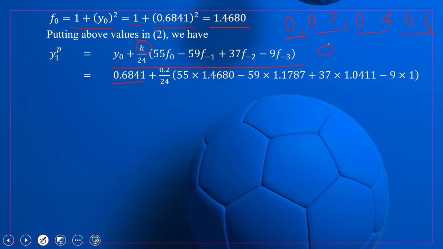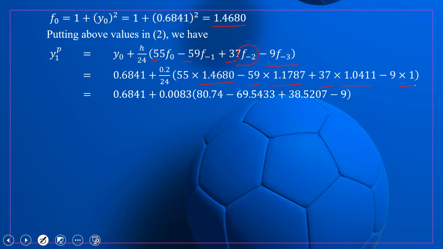We are getting 0.2. So h is equal to 0.2. That's why we have put h is equal to 0.2. And then 55, what is f of 0? This is 1.4680. 59 f of minus 1 is 1.1787, plus 37 into f of minus 2 is equal to 1.0411, and 9 times f of minus 3 is equal to 1.